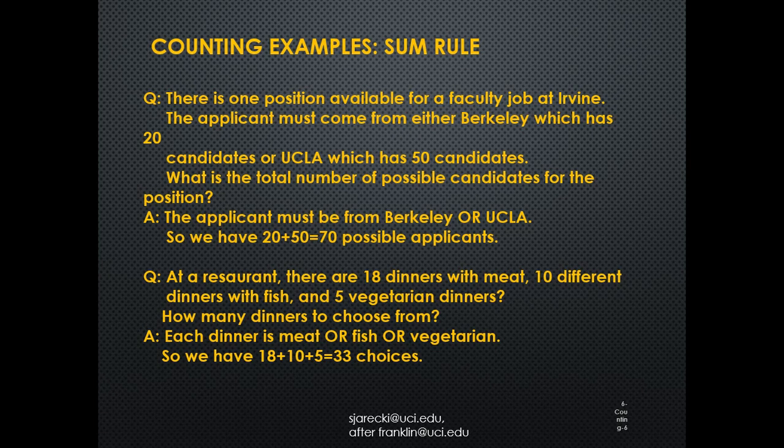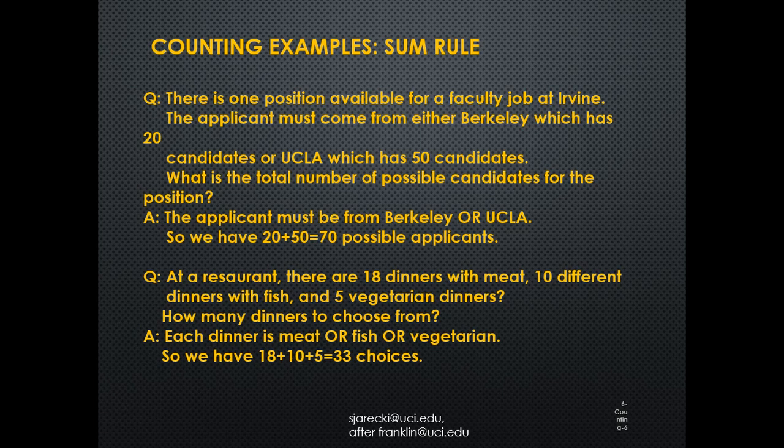Okay. In this particular example, you did not see the keyword "or", right? But the question is how many dinners to choose from. So intuitively, in this example, out of the given dinners, meat, fish, and vegetarian, you are going to choose from among the given.